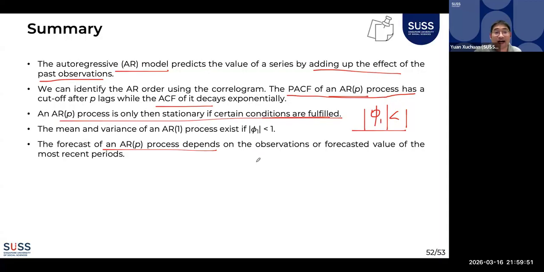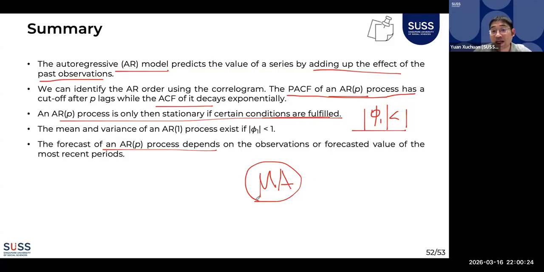So this is for the AR process. Basically, for the AR process, we need to look at the stationarity of the model. While for the MA process, remember the MA process is always stationary because you have constant mean and variance. But for the MA process, we look at its so-called invertibility, because the ACF and PACF will not uniquely determine the coefficients of the MA model.